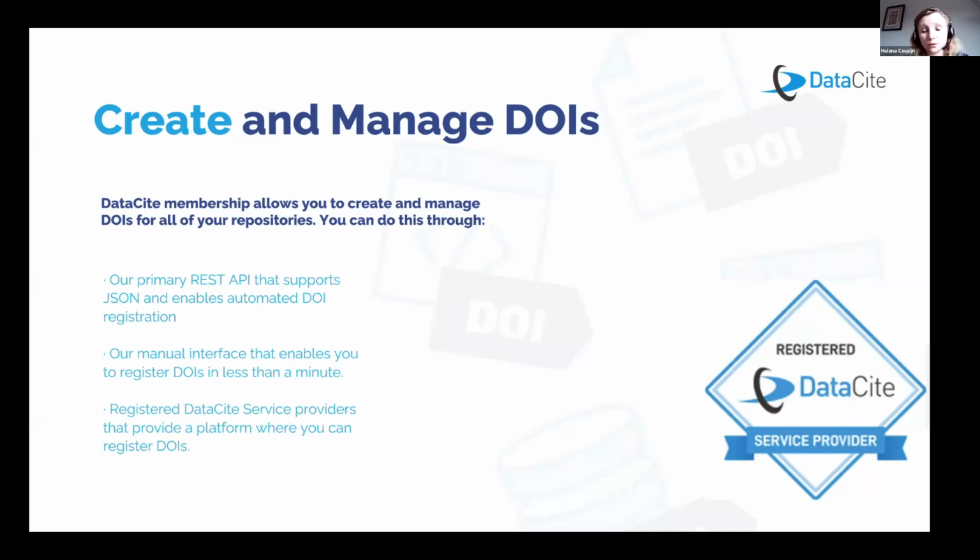But what many members also do, especially if you're registering lower numbers of DOIs or you don't have development resources, is to use our manual interface. So we provide an interface where you just log in with your credentials and where you can enter metadata, click a button and register a DOI. So that is a very easy process to get started with.